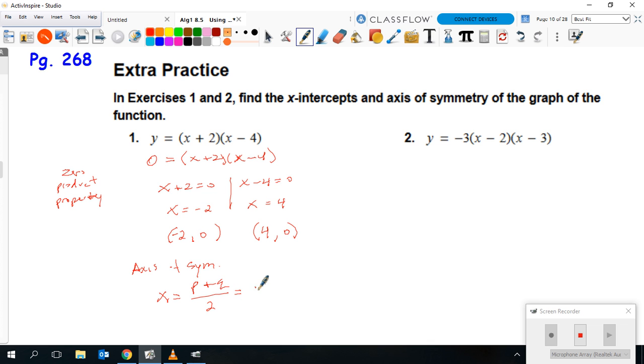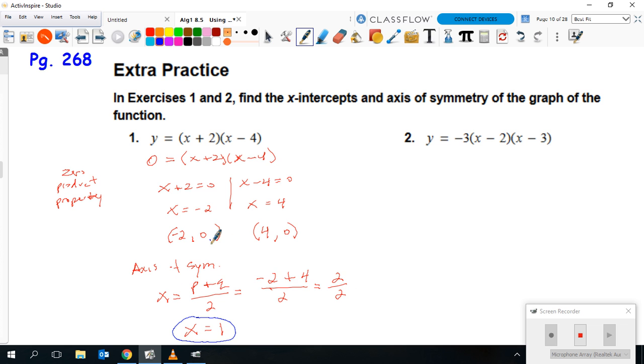We just know it's going to be negative 2 plus 4 over 2. So our axis of symmetry is going to be this equation. X is equal to, take 2 away from 4, that's going to be 2 over 2, which is 1. So your axis of symmetry is going to be x equals 1.